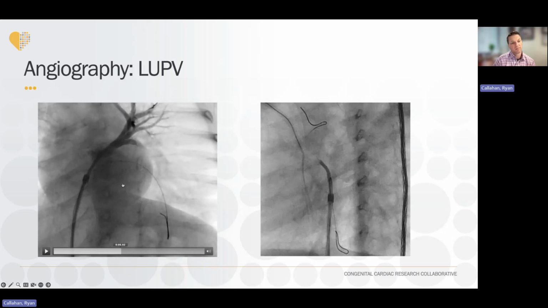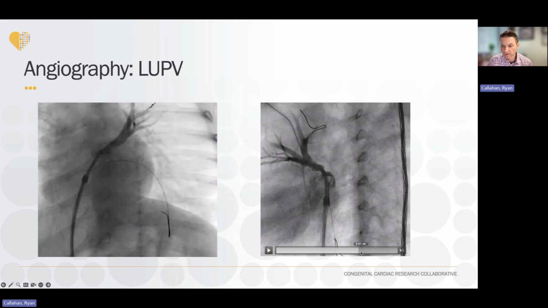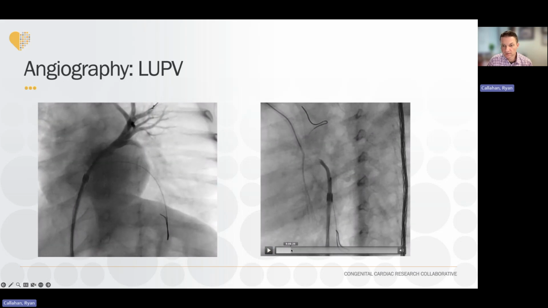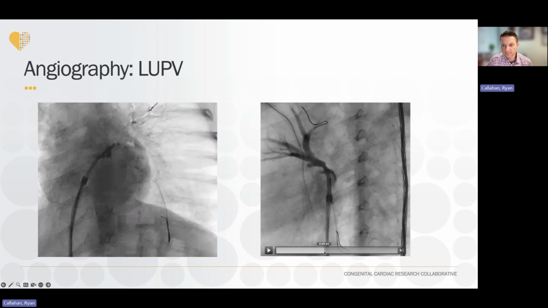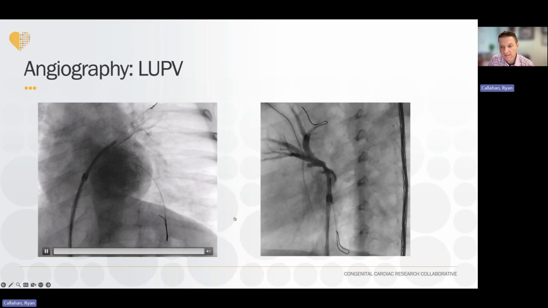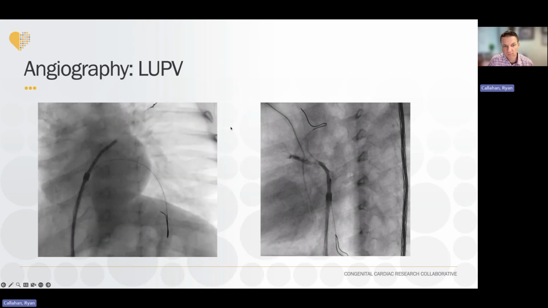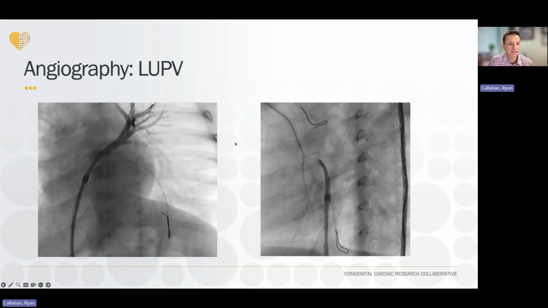Because here, it shows that maybe this is just trivial narrowing, but when you look on the lateral here, you can see that it's more than trivial, and it's more than just compression because there's changing caliber between the upstream vein and the ostium here, but it's more oval in appearance. So this is not quite severe. It's still going to be in that normal to moderate category, but just to show you, it's helpful to look at both views when assessing severity.